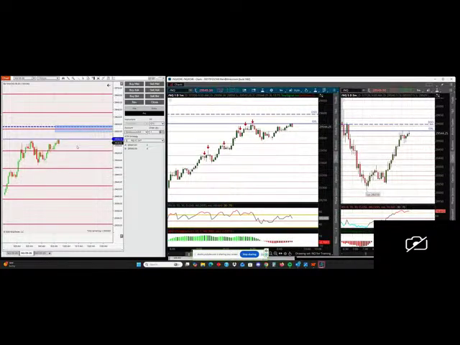So now an aggressive trade will be to go in here on the short side. That would be aggressive. If you do an aggressive trade, you have to be prepared that you're going to be stopped out multiple times, because you're just going ahead of the market. Okay.